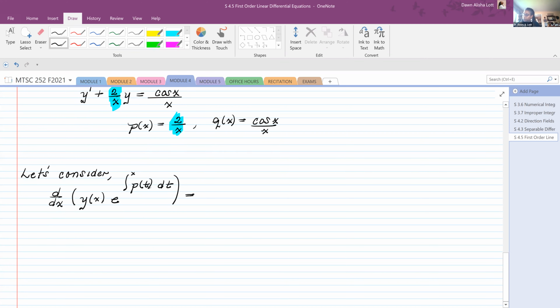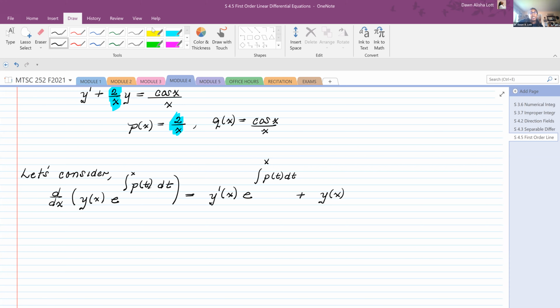As a product rule, I'm going to do the derivative of the first, which is y prime of x, times the second, which is e to the integral of p of t dt, plus the first, which is y of x, times the derivative of this thing.